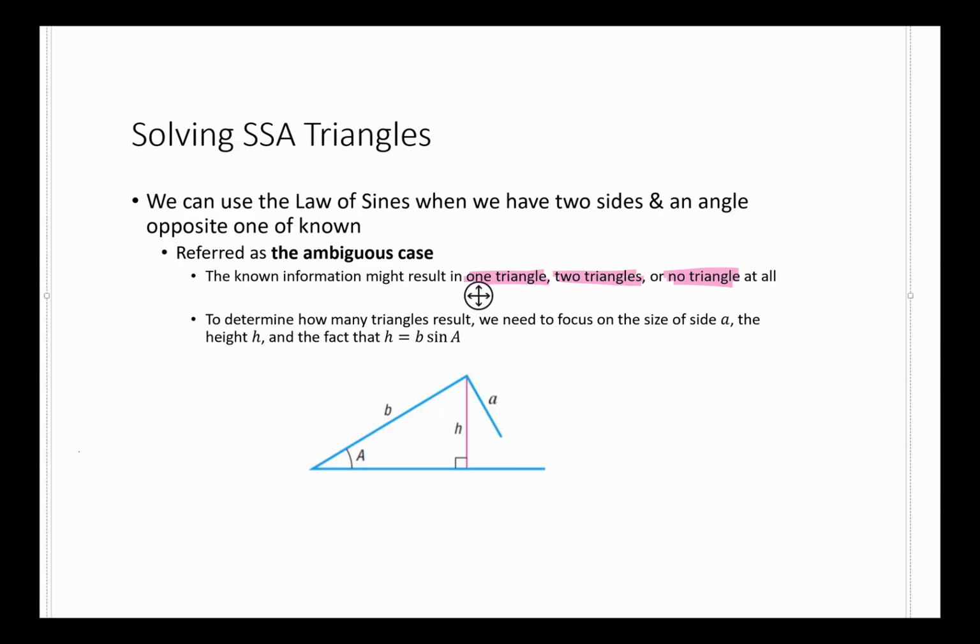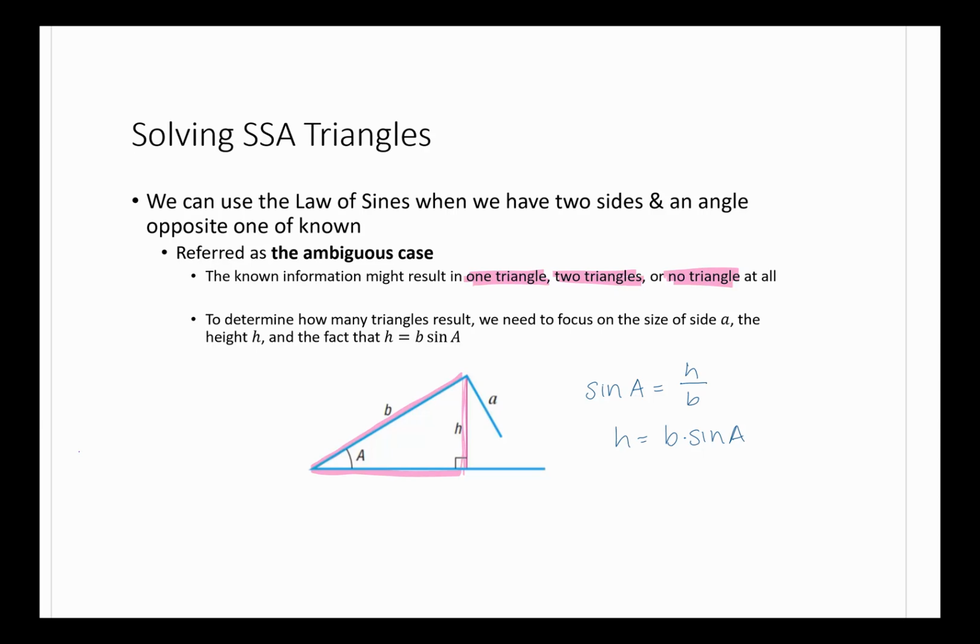If you look at this pink triangle, you can see that the sine of A would be equal to h over b, or h would be equal to b times the sine of A. We're going to use this to help us, and we'll see that in a little bit.